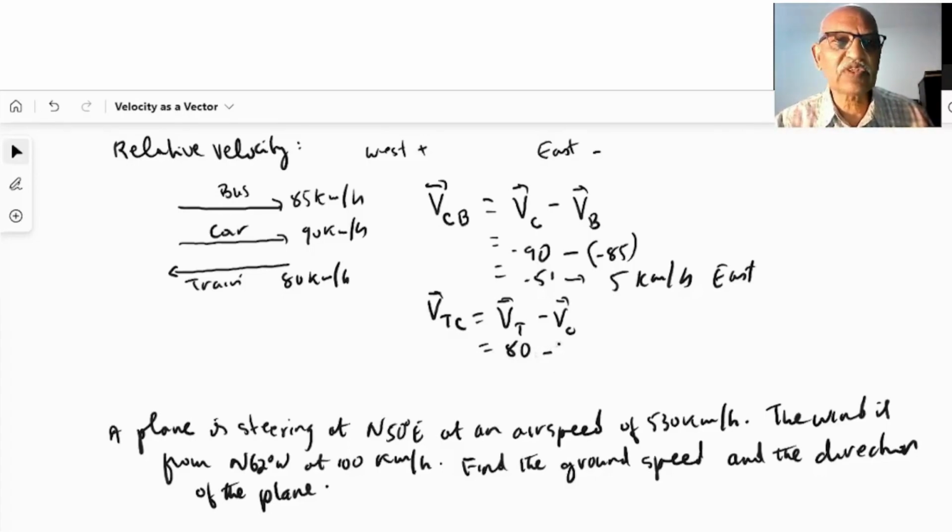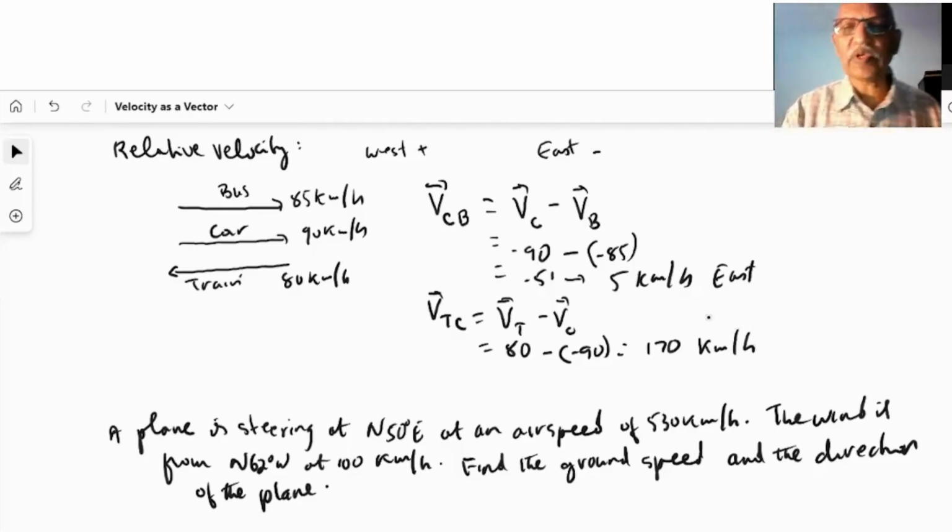Take away velocity of the car going east, negative 90, which is 170 kilometers per hour. If on the highway you are going the opposite way, you feel like a very high speed. If you are passing a car going the same way, your speed looks very small. That's practically what it is.